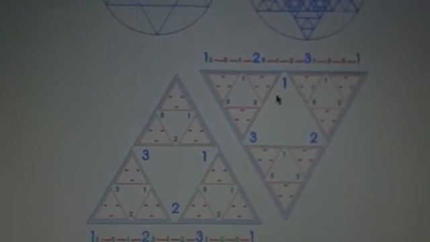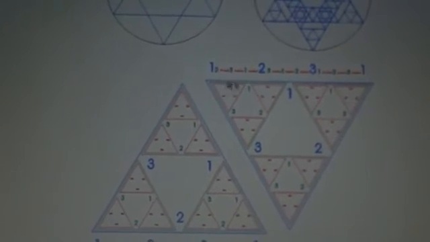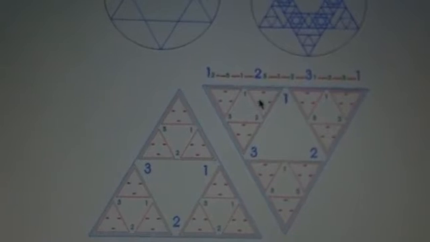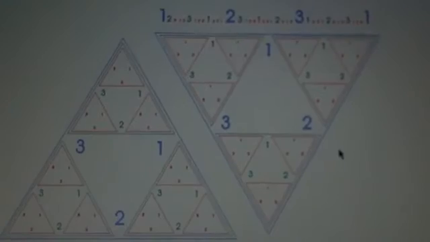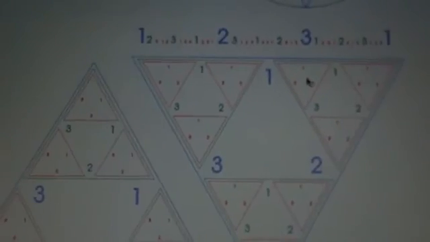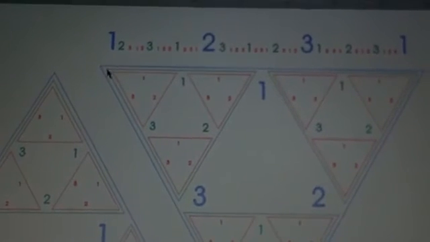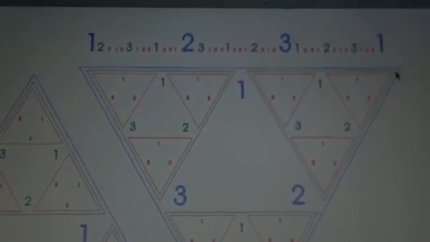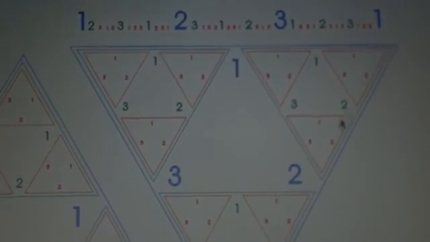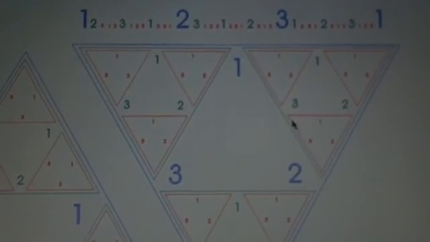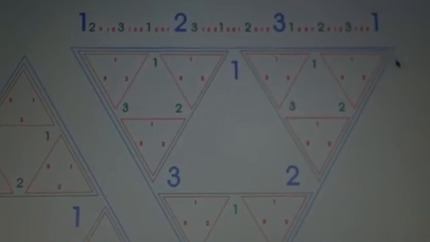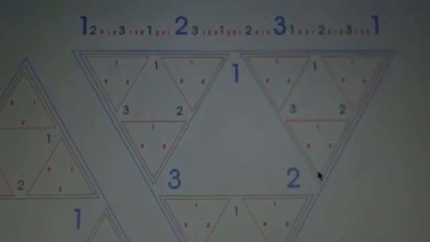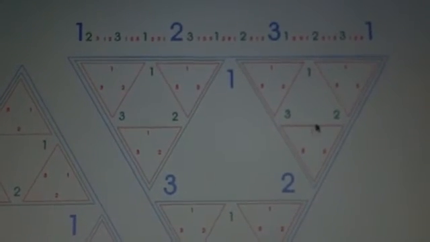Okay, and what you do now is you take the 6 numbers and go along the lines. Blue is the big line, green is a smaller line, this triangle, and red is this triangle.